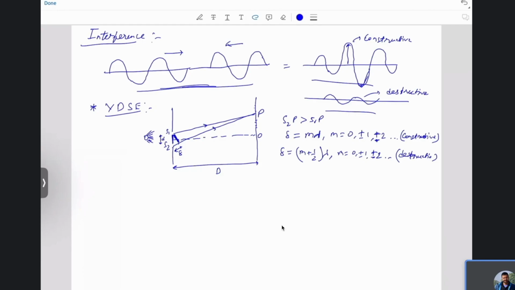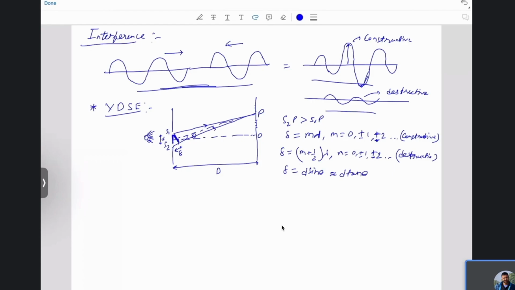And also, this path difference, since this angle theta is very small, delta can be written as d sin theta, and that can be written as d tan theta due to the small angle property.